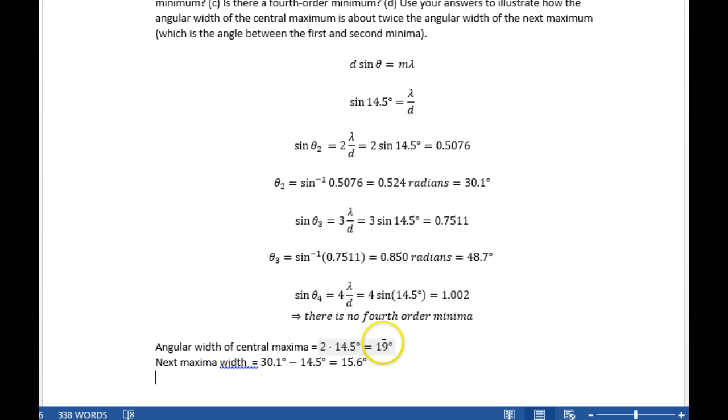Oh, that's silly, twice 14.5 is 29 degrees. So 29 degrees is roughly twice that of the next width, 15.6 degrees. And that's it for problem 1.